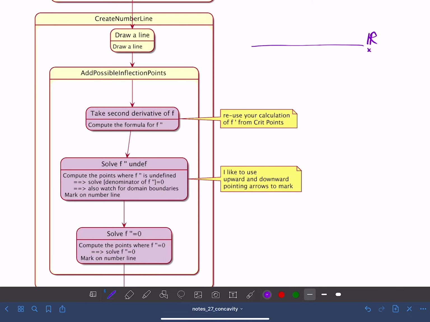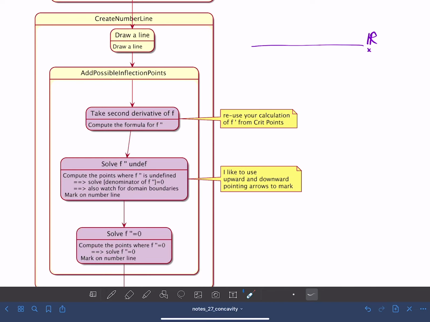And what I'm going to add to it are possible inflection points, and then concavity information.